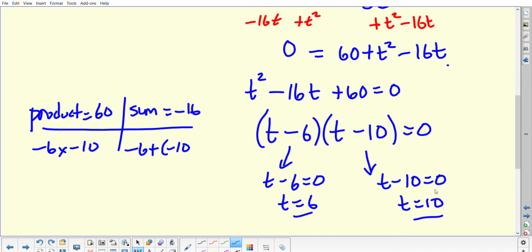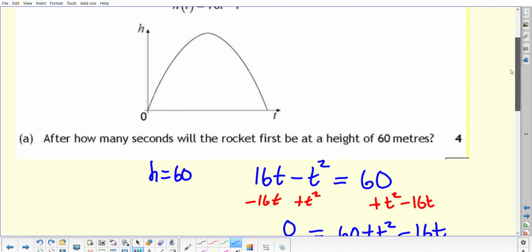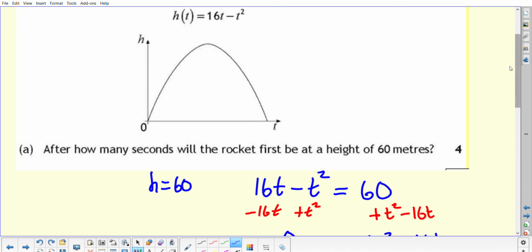Now the question said, after how many seconds will the rocket first be at a height of 60 meters? So basically, why you're getting two solutions is because on the way up, if we imagine 60 was here, there'll be a time after so many seconds when it's at 60, then it reaches the maximum height, and then it starts to come back down again.